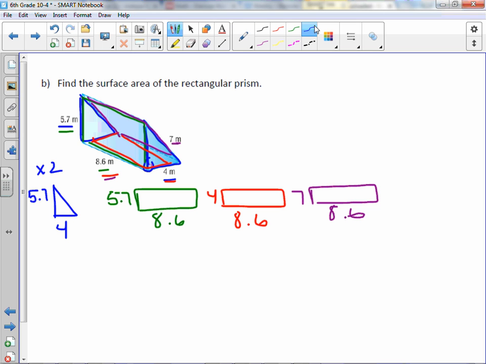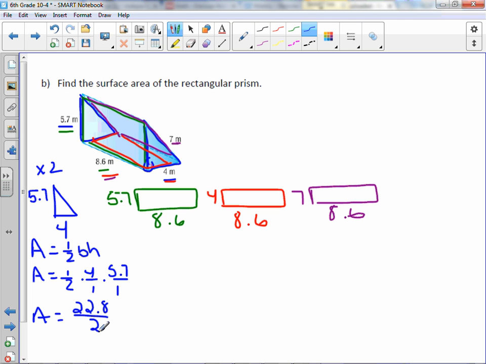Now let's find the area. We'll start from left to right. Area of a triangle is 1/2 base times height. Area equals 1/2 times 4 over 1 times 5.7 over 1. Area equals 22.8 over 2. Area equals 11.4.